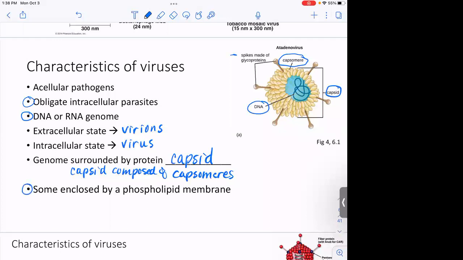And some viruses are going to be enclosed by a phospholipid membrane. Okay, oftentimes we refer to that as the envelope. Okay, and if there is no membrane, then we call that either a non-enveloped virus or a naked virus.